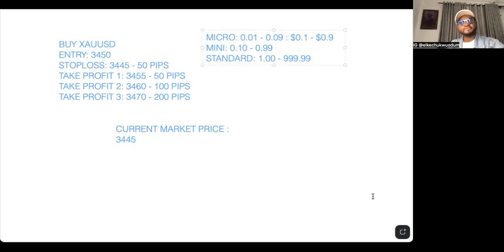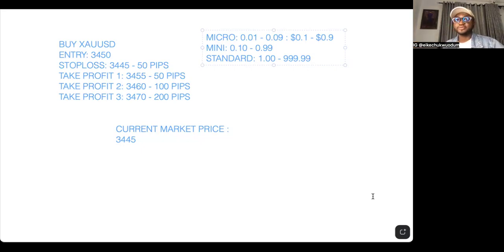If the risk is 50 pips and you decide to use 0.02, I mean, everybody's risk appetite is different. A $10 risk simply means you are risking 10% of your trading account for a 10% return.